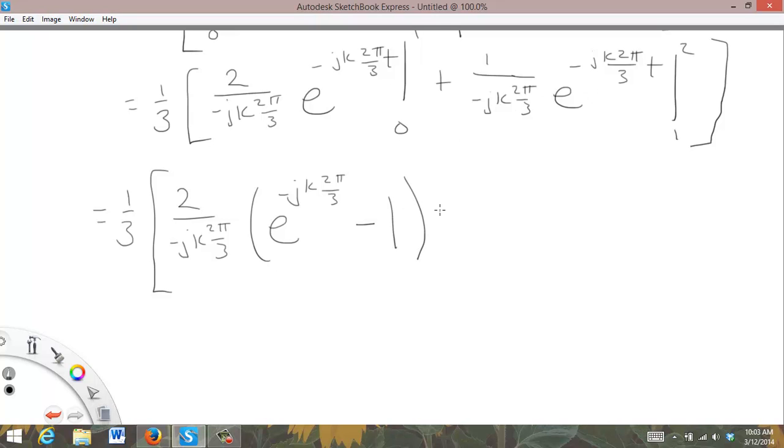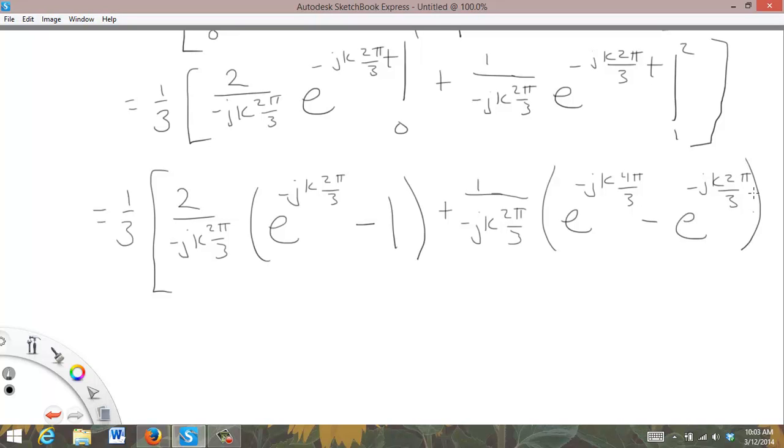For the second one, I have plus 1 over minus j k 2 pi over 3, times, evaluated at t equal to 2, e to the minus j k 4 pi over 3 minus e to the minus j k 2 pi over 3, the value at t equal to 1. Close parentheses and close brackets.